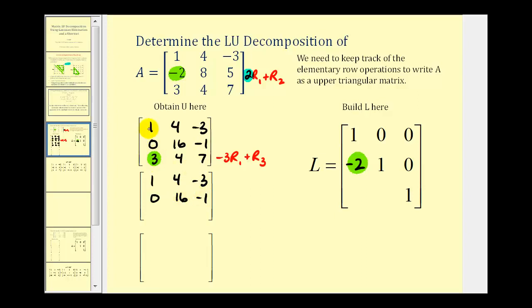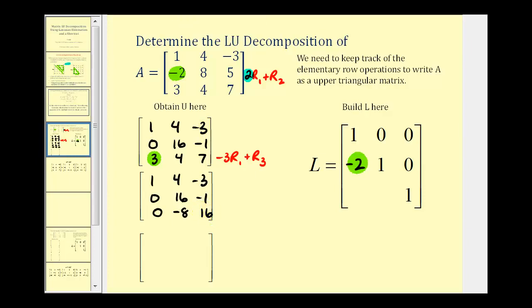For the third row, we'll have -3 times 1 plus 3, that's 0. Here we'd have -3 times 4, that's -12, plus 4, that's -8. And then here we would have -3 times -3, that's +9, plus 7, that's 16.